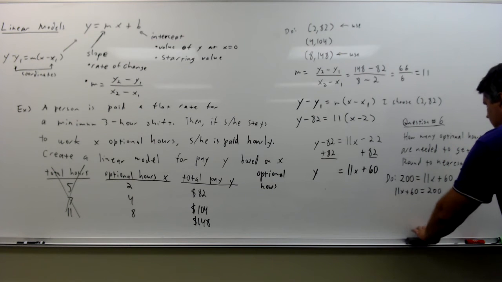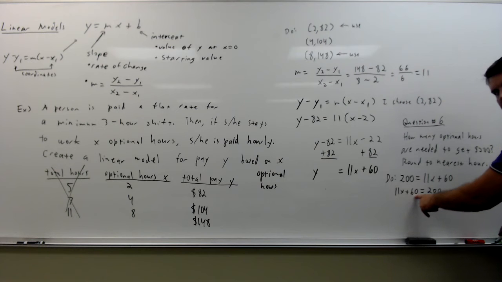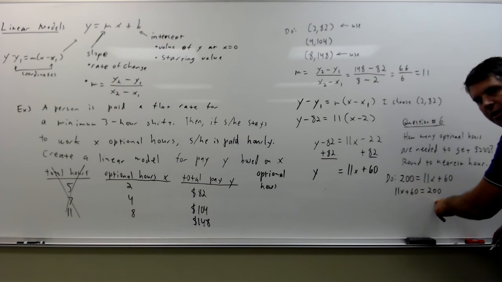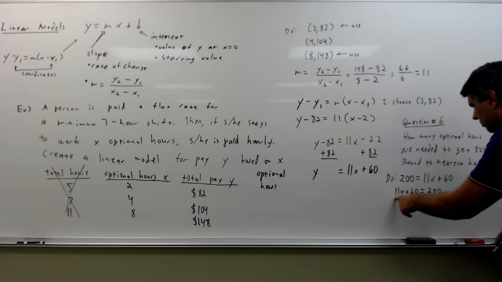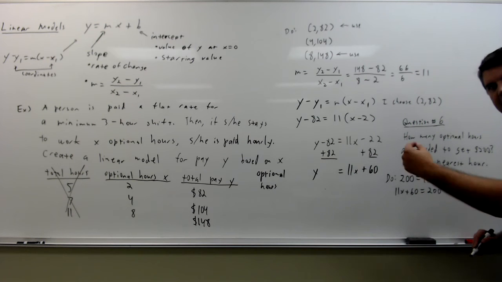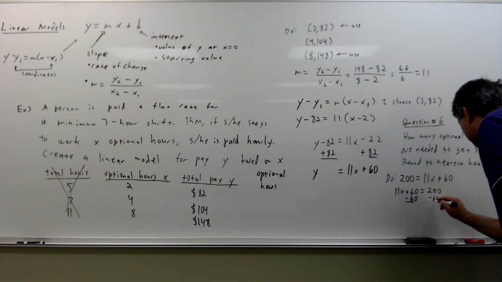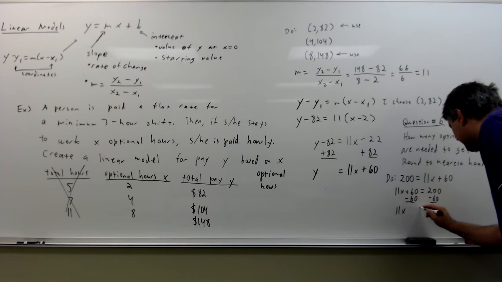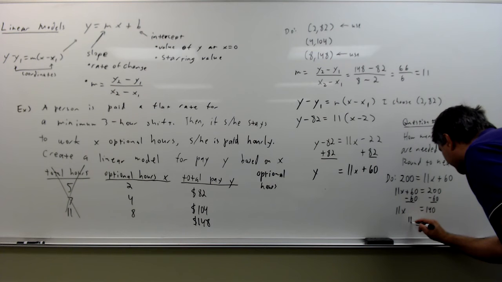Now, what's going on here is x is being multiplied by 11 and then 60 is added. The result is 200. So I'm going to reverse this. If x was multiplied by 11 and then 60 was added, I will subtract the 60 and then divide. So 11x equals 140. Next, I will divide by 11.